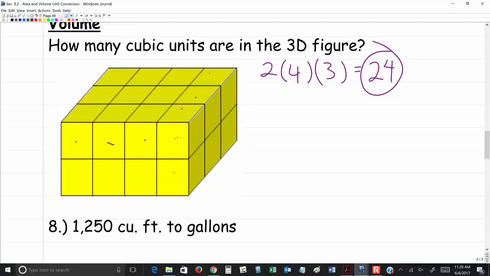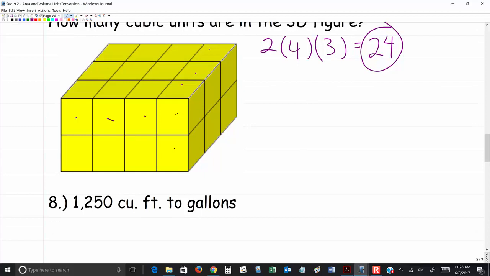All right, now with cubic units, some of the conversion factors on our formula sheet are already given in cubic units. So if it's already given in cubic units, there is no need to actually cube anything. But if it's not given in cubic units, if it's just regular linear units, that's when you would have to cube it. So number 8, we want to convert cubic feet to gallons.